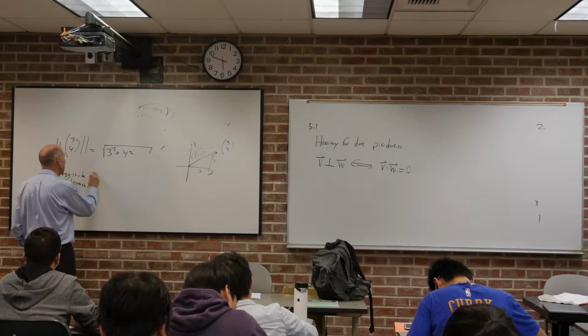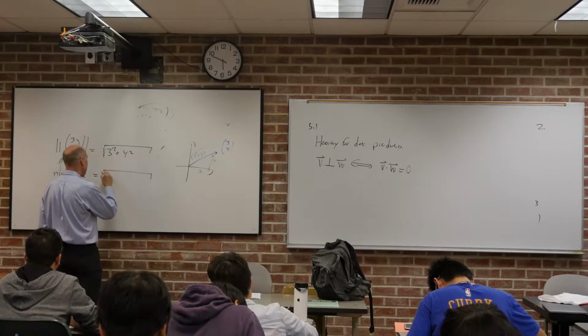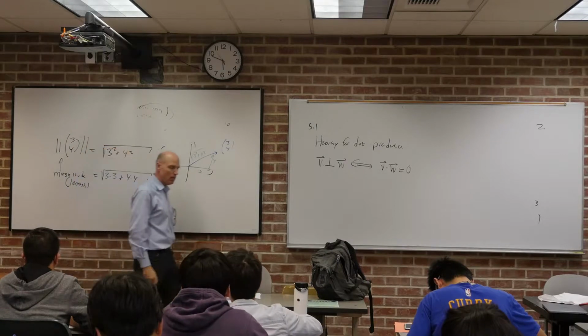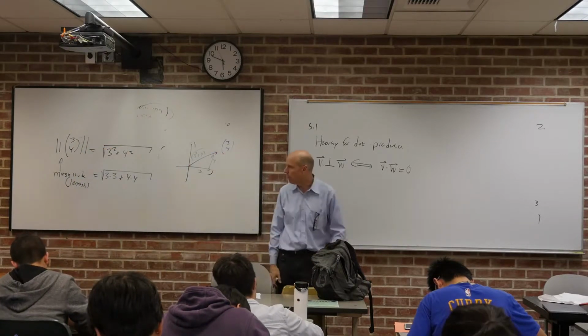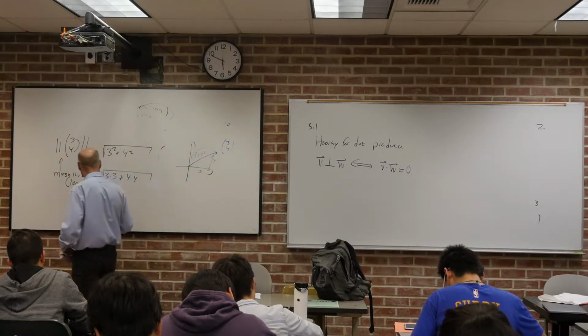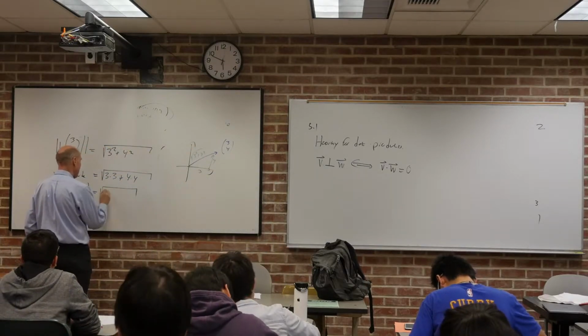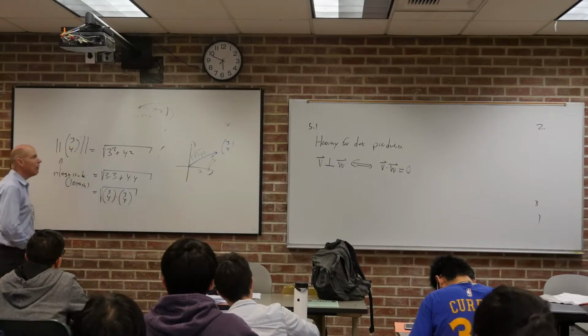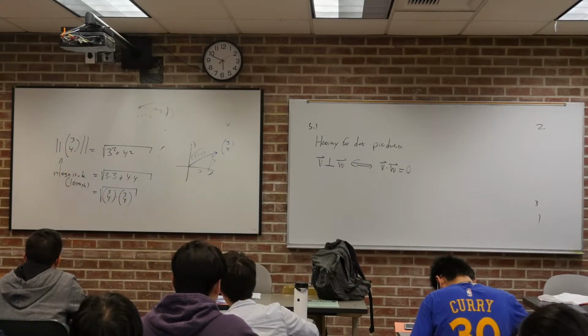But if we write this out a little bit, so instead of 3 squared, I'm going to write it as 3 times 3, instead of 4 squared, 4 times 4. This looks like a dot product to me. It looks like (3, 4) dotted with itself.